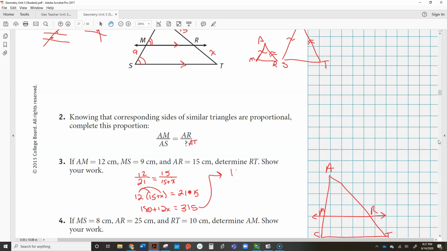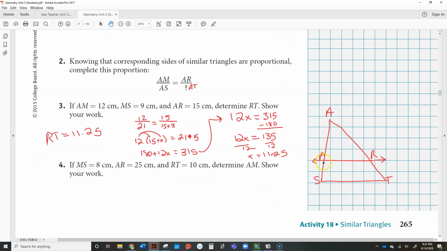I'm going to subtract 180 from both sides. 12x equals 315 minus 180, so that's going to give me 135. 12x equals 135. Divide by 12, and x is 11.25. So we just found RT. We called it X, but RT is 11.25.